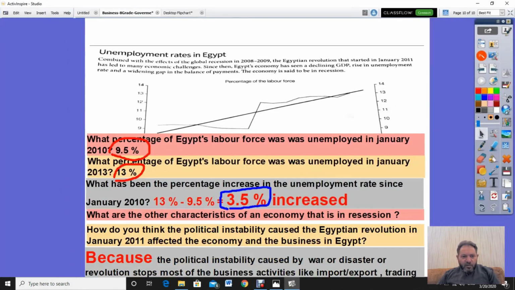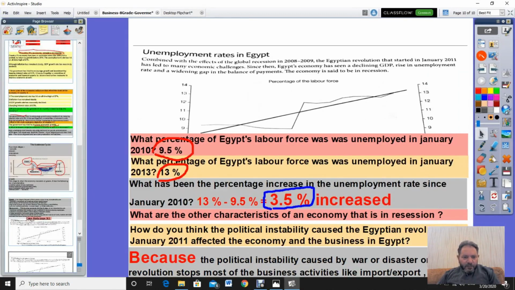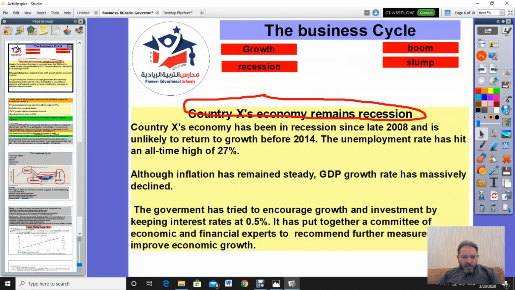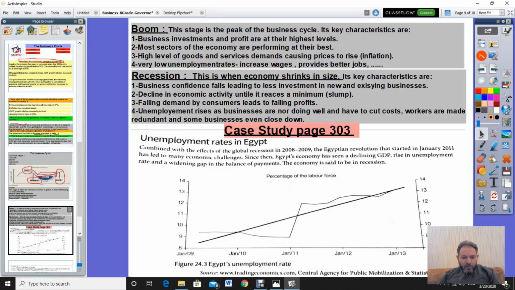As you see here, when we talk about the recession, one of those characteristics can be written in this question. Maybe you will write business confidence falls, leading to less investment in new and existing business.